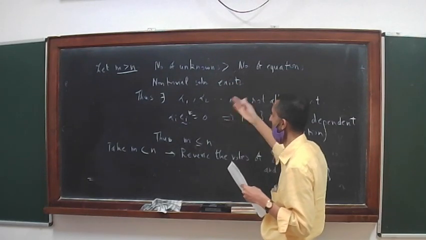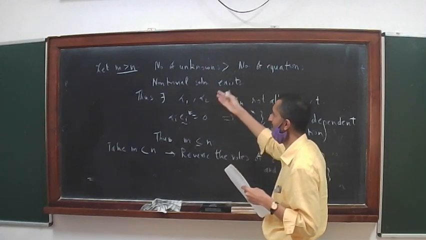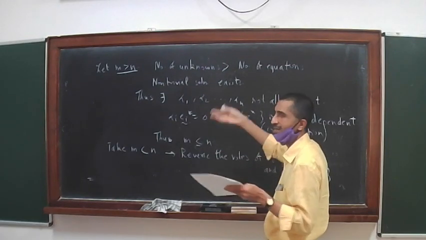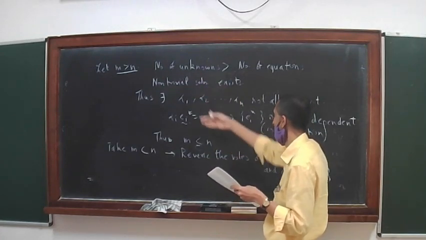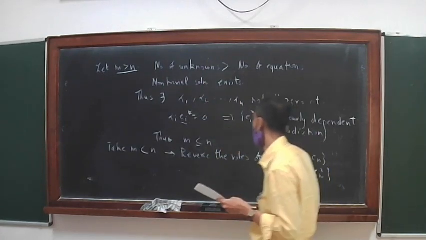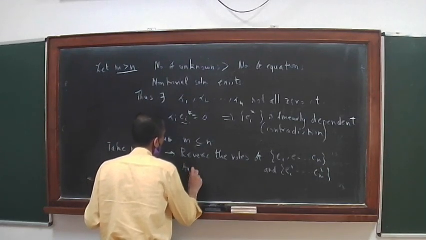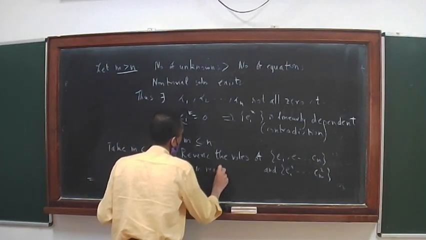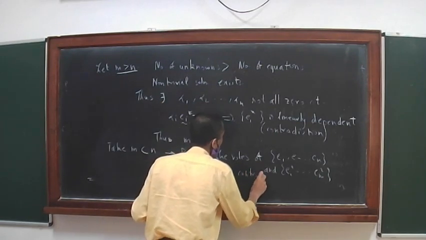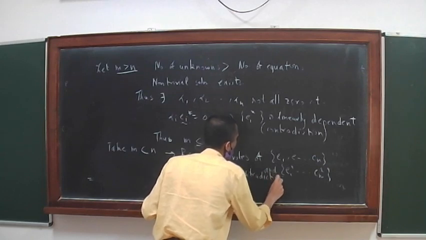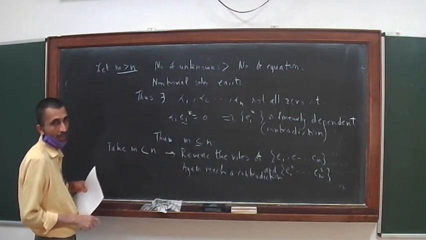Again, you will reach a contradiction, because there is nothing special about Ei and Ei star. They are just two different bases. The same arguments will go through and we will again reach a contradiction. So the only possibility left is that m should be equal to n.